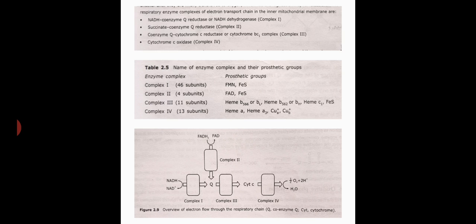Complex 1, NADH coenzyme Q reductase, also known as NADH dehydrogenase, complex 2, succinate coenzyme Q reductase, complex 3, coenzyme Q cytochrome C reductase, also known as cytochrome BC1 complex, and complex 4, cytochrome C oxidase.